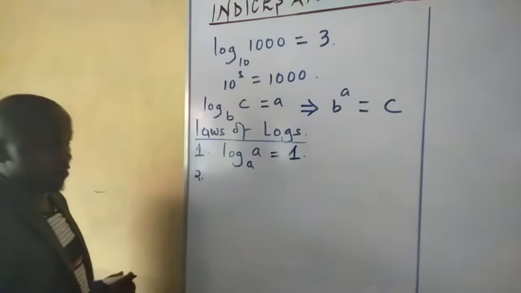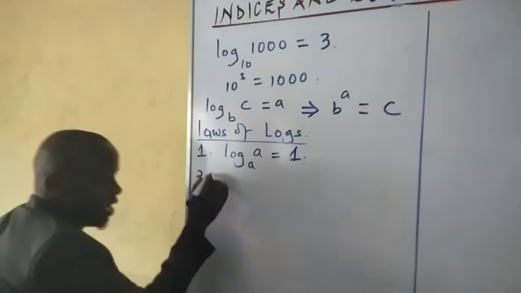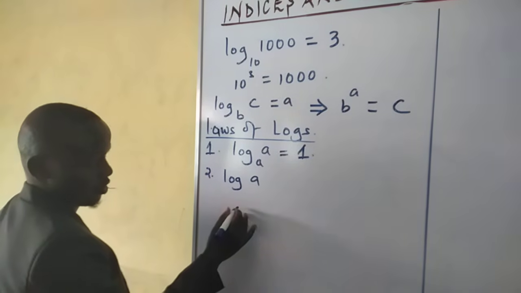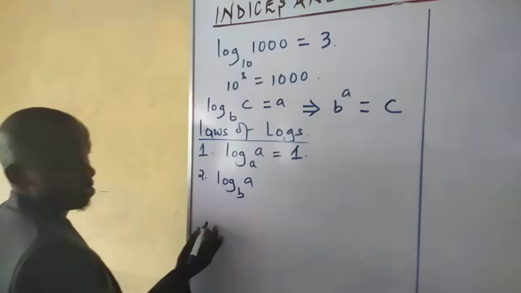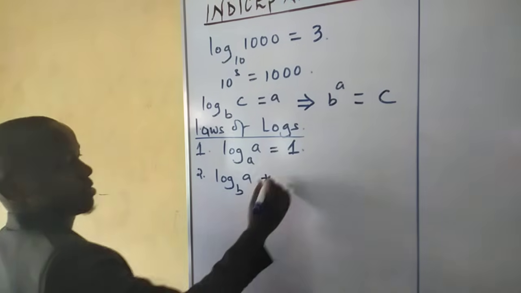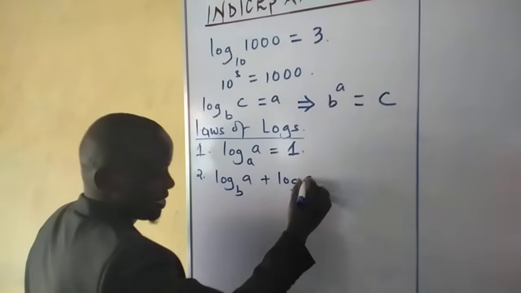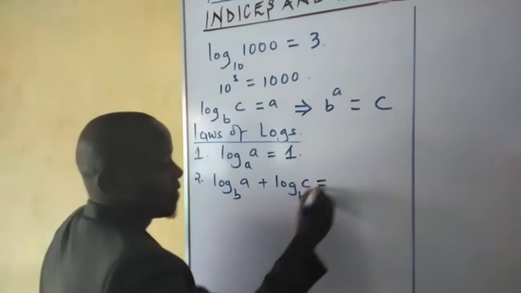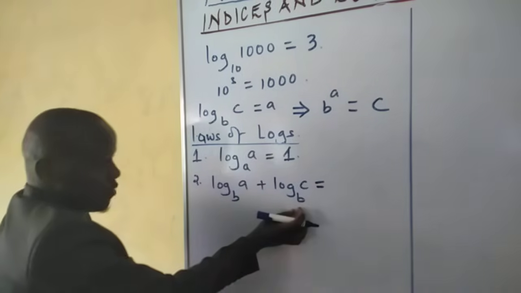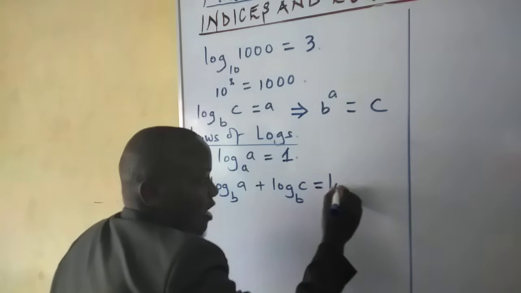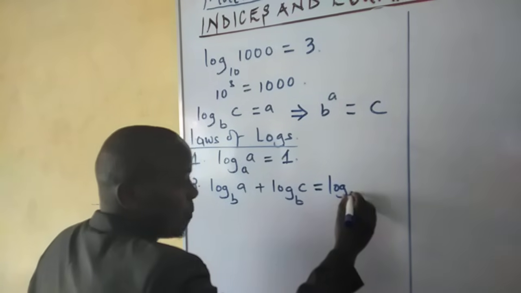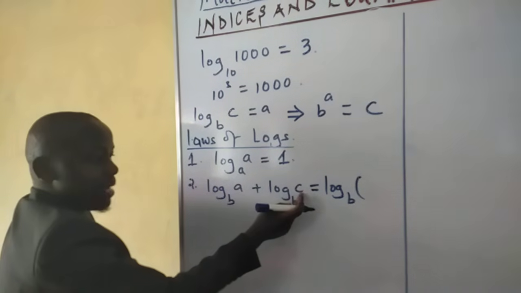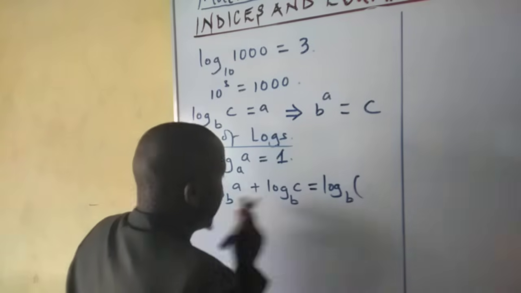Law number 2 of logarithms says that if you have the logarithm of a number a to base b plus the logarithm of a number c to the same base b, then because the base is the same, you just get the logarithm to base b of a times c.